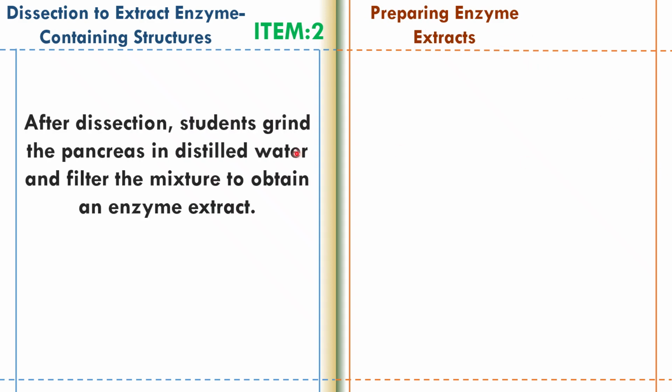Dissection to extract enzyme-containing substances, structures, item 2. Let's look at preparing enzyme extracts. After dissection, students grind the pancreas in distilled water and filter the mixture to obtain an enzyme extract.